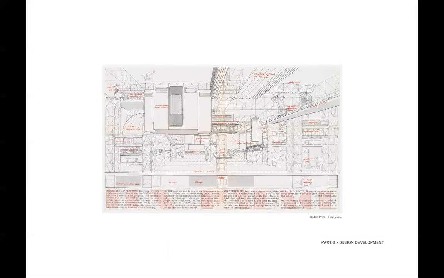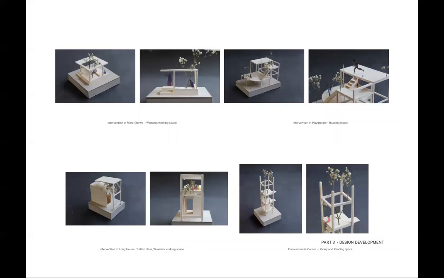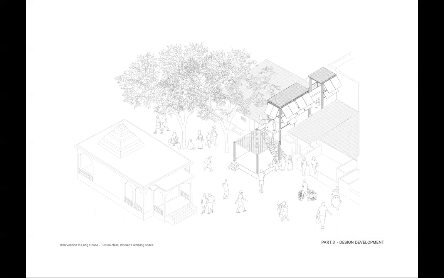This was his ideal reading space exercise, and this was his intervention. He made a series of models to understand the form. The project also explored lightweight steel construction, a skill available in the community. These are some of his proposals.